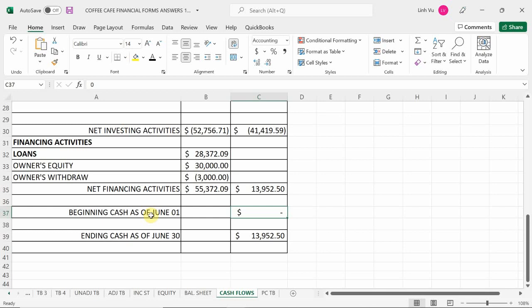And then the question is, at the end of June 30th, your bank account should now be $13,952.50, which we know is true because that is what it says in our balance sheet. So a lot of matching numbers between the different financial worksheets that we just completed. All right. So this is where everything is coming together and everything that you plug in should start lining up and matching each other.